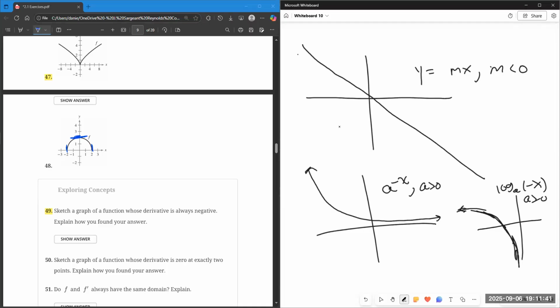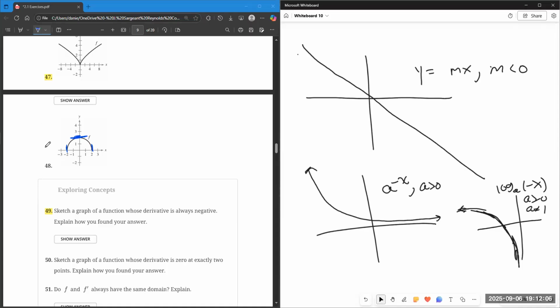A is greater than 0 here. And a is also not 1. Okay. Is that the last problem? Nope, we've got a few more.